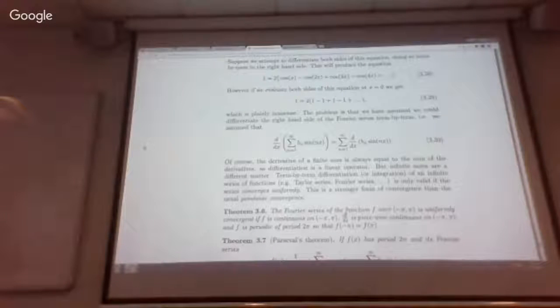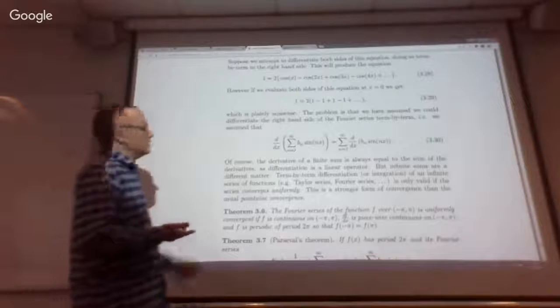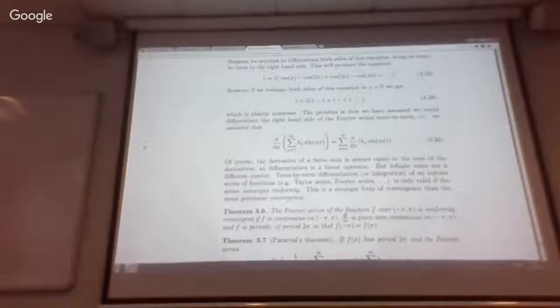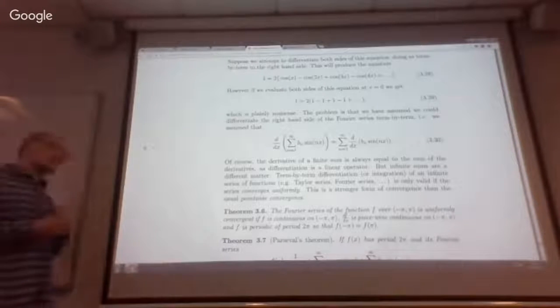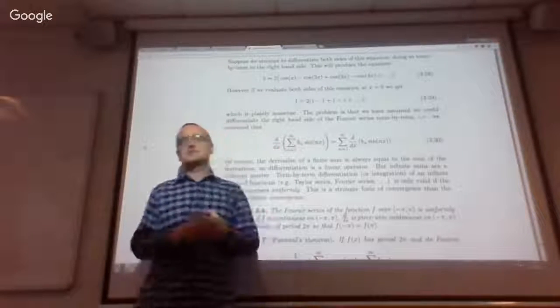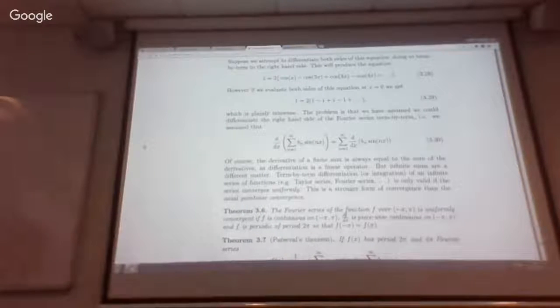So infinite sums are a tricky beast, because they don't always give finite values. They don't always converge. And that's bad enough for infinite sums of numbers. If you talk about infinite sums of functions, which we often do, they are even trickier.